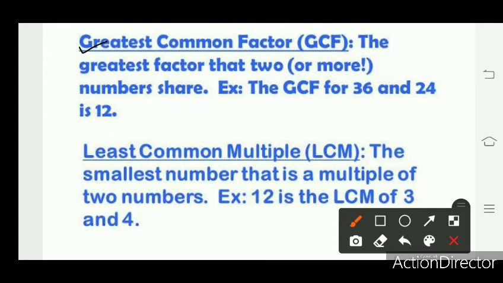The greatest common factor is a factor which divides both numbers at the same time. So this number is known as GCF or HCF. Now the example: the GCF of 36 and 24 is 12 here.